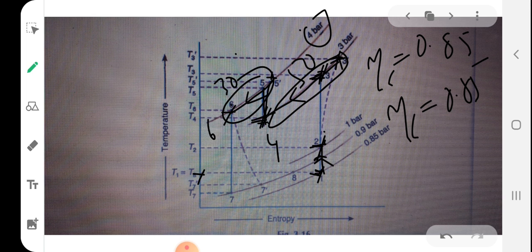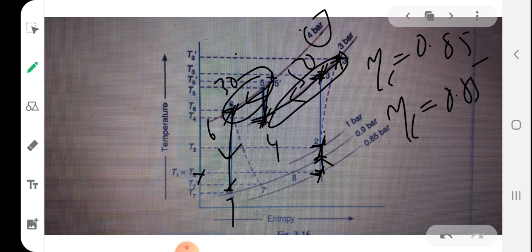Then if you reach 6, you will have the turbine, isentropic expansion to 7.